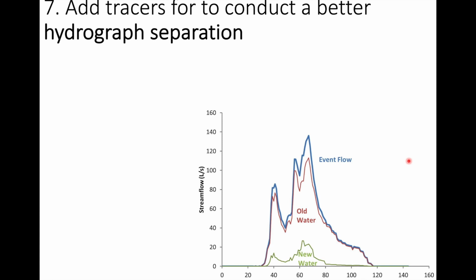In order to make it better, we need more information than just the streamflow. We need some sort of tracer that tells us about water that comes into the stream during a storm via different flow paths or via different processes, or that has a different history associated with it. We can use things like salt and electrical conductivity.